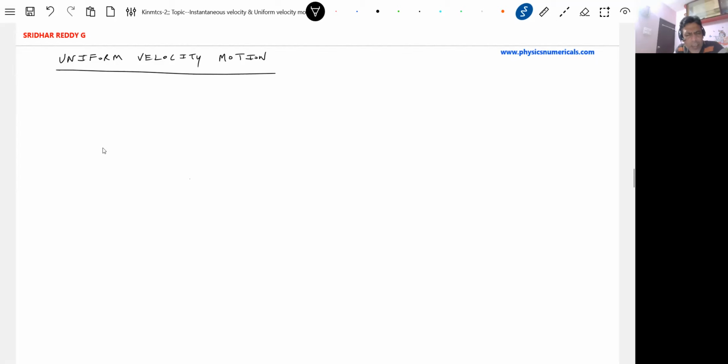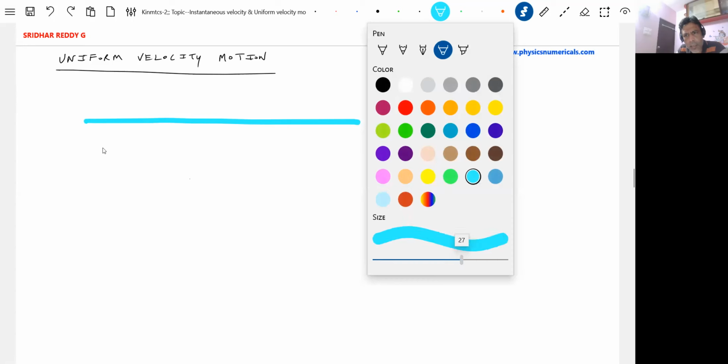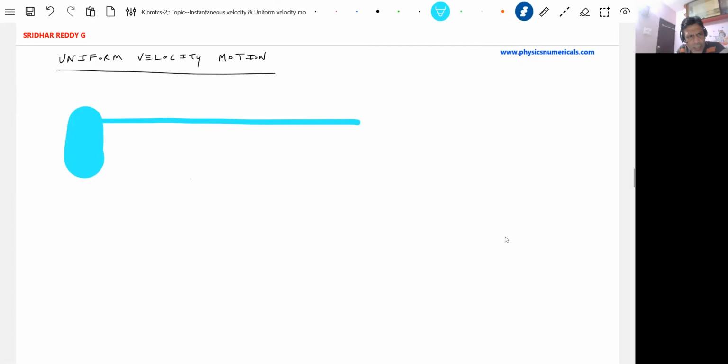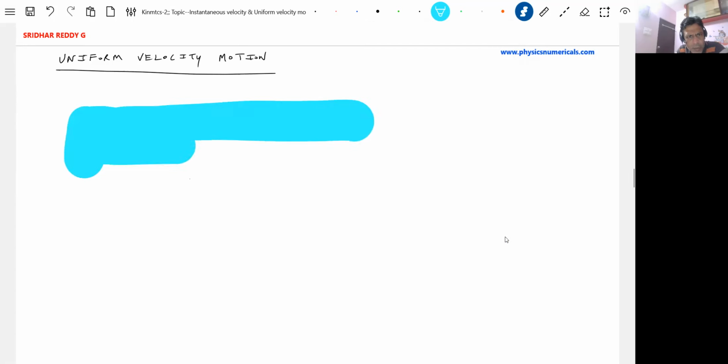I think the best example is you are moving on a bike on a straight road. Okay, there's a road. Just simple examples, this will really help you a lot. And this is your car.